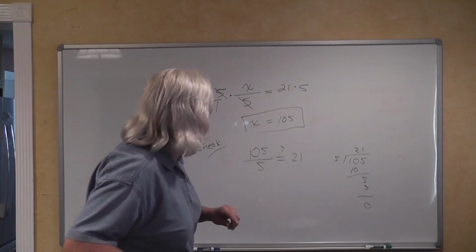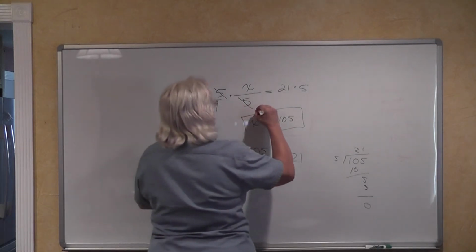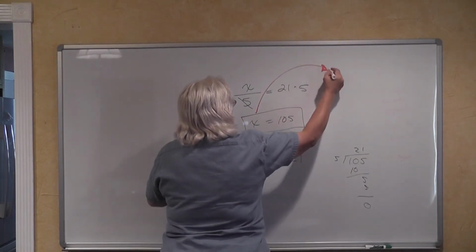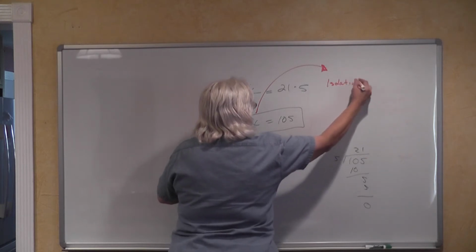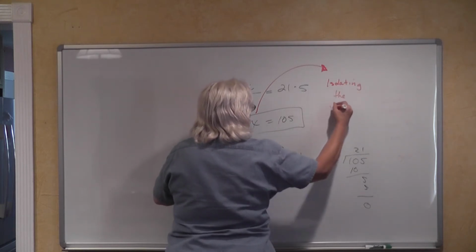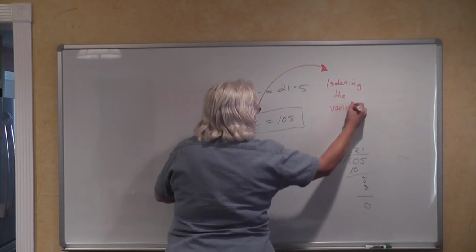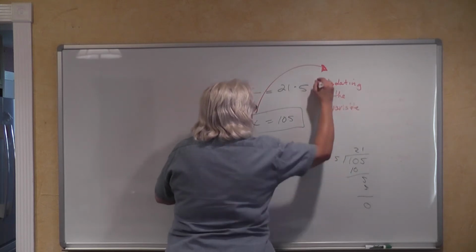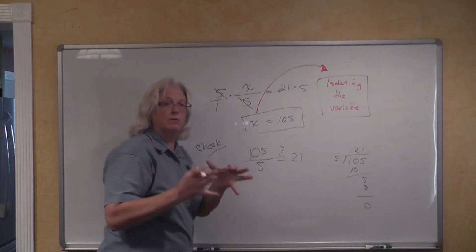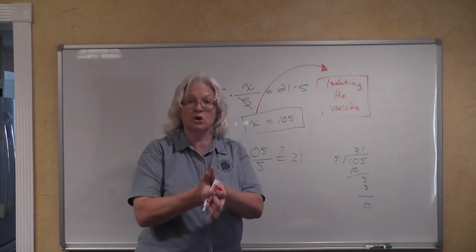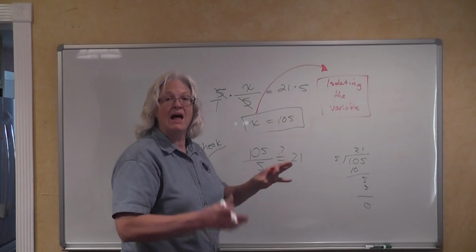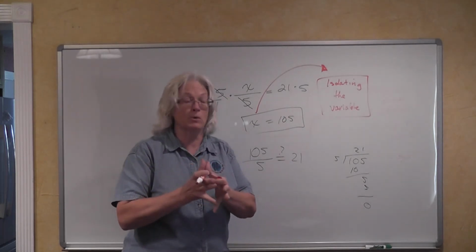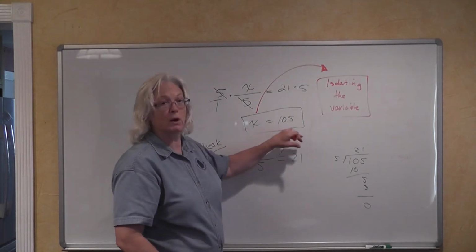I want you to notice that what we're doing here is we are isolating the variable. What that means is that our goal in working through these steps to solve an equation is to have the variable, and the variable alone, on one side of the equation.